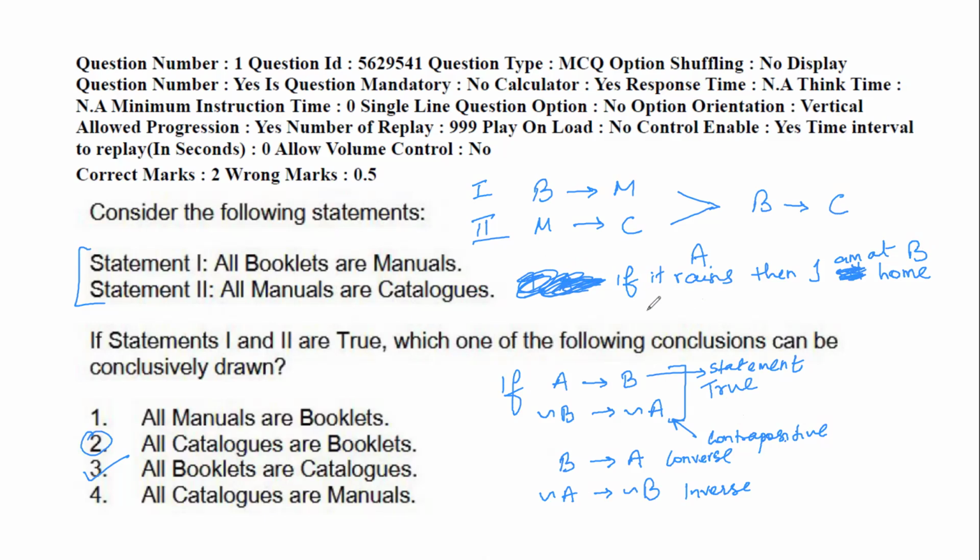So if I'm not at home, then it is not raining. That is the contrapositive. These two statements are true. And then look at the converse part. Converse is: if at home, then it rains.